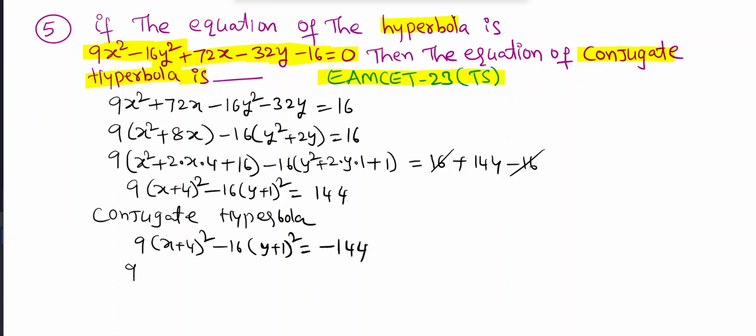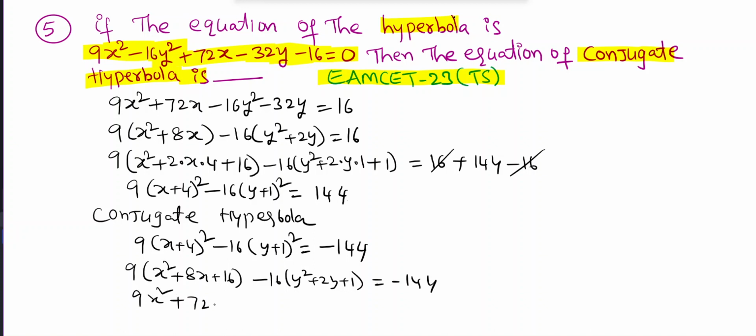So now expanding this, 9 into x plus 4 whole square, x square plus 8x plus 16, minus 16 into y square plus 2y plus 1 is equal to minus 144. Multiplying by 9, this is 9x square plus 72x plus 144 minus 16y square minus 32y minus 16 is equal to minus 144.